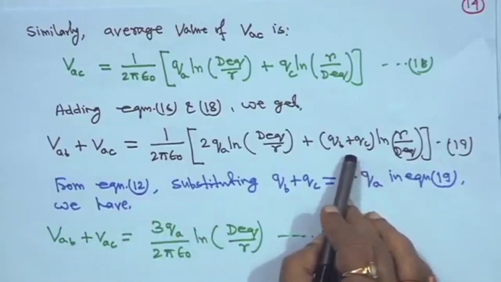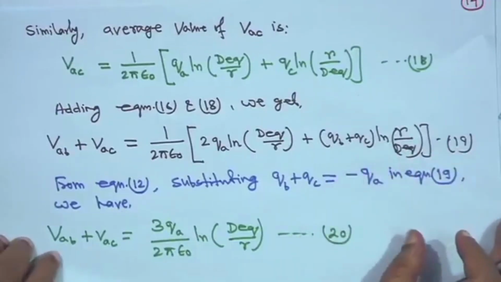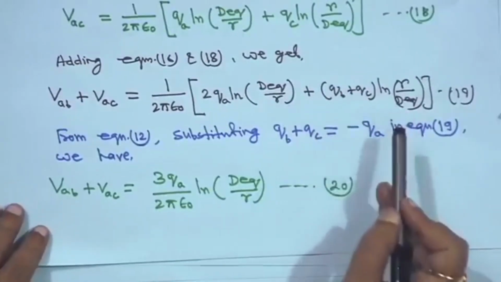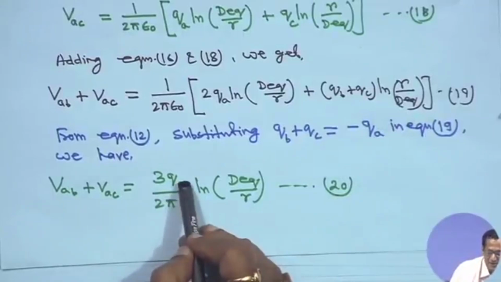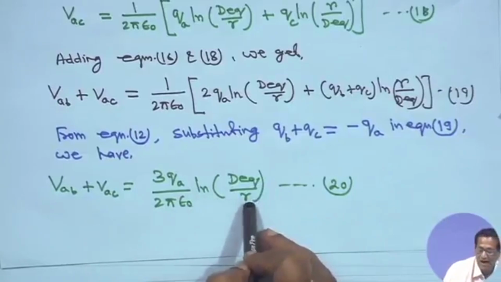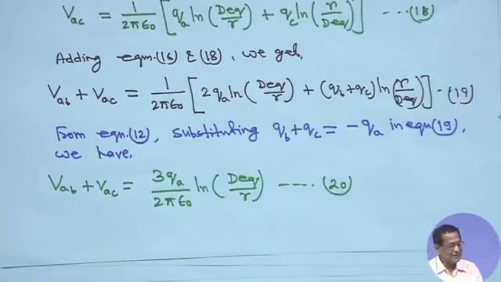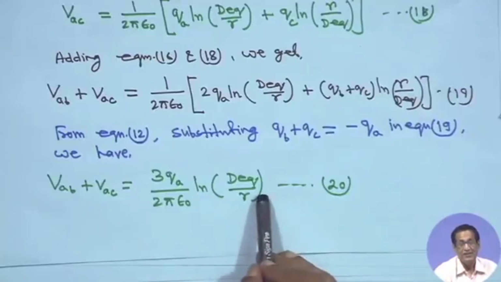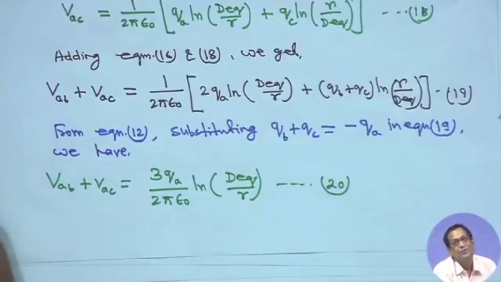You substitute here in equation 19 and simplify, then it will become V_AB plus V_AC is equal to 3 q_A upon 2 pi epsilon 0 ln (d_eq upon r). This is equation 20. I hope you have understood. Things are simple, right.